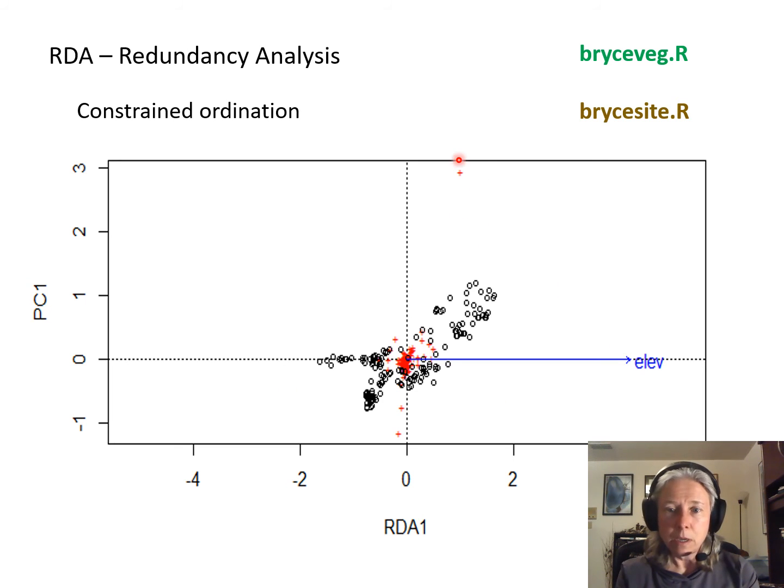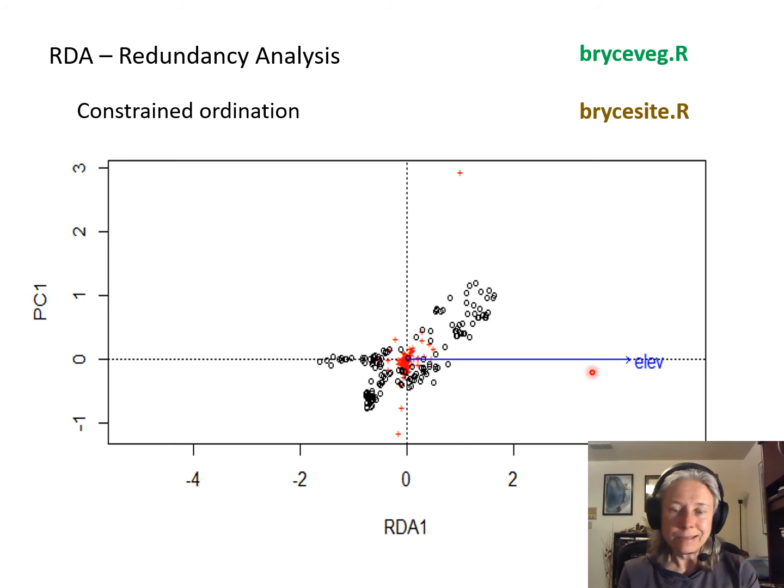Notice up here there is a species that looks to be an outlier up here. There is a positive association between the constrained axis, the RDA1, and the first residual axis, PCA1.